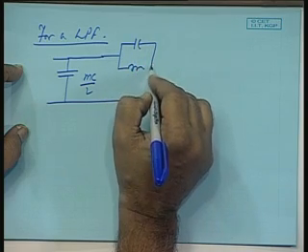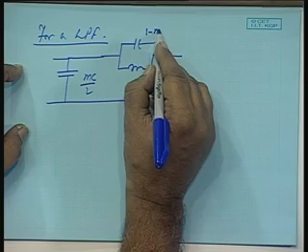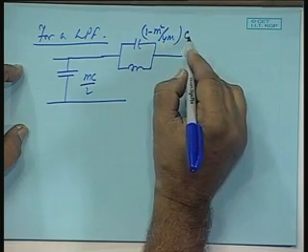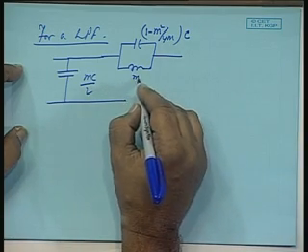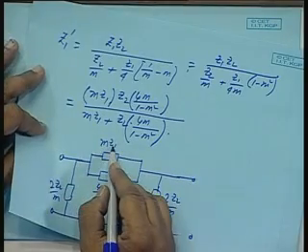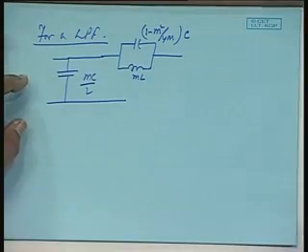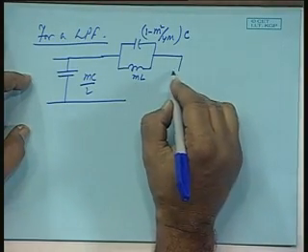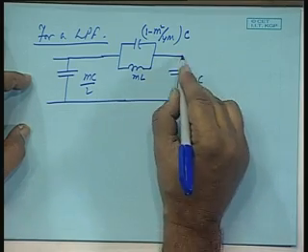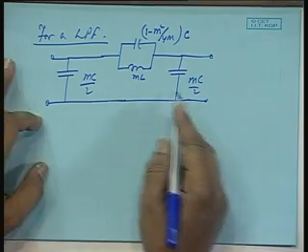This will be 1 minus m square by 4m into C. This one will be m into L, because it is m into Z1. If it is a low pass filter, then m into Z1 will correspond to m into L, and similarly here mC by 2. So, this is the m-derived filter.